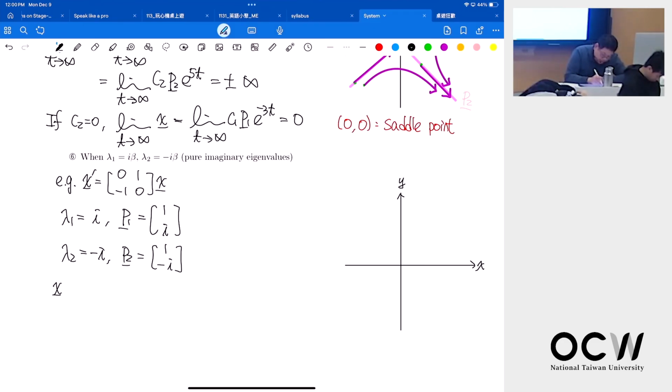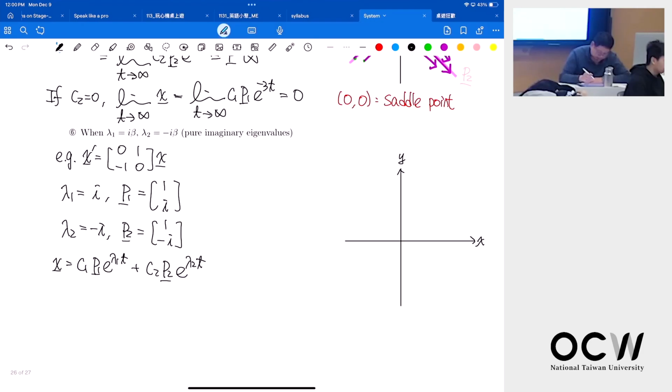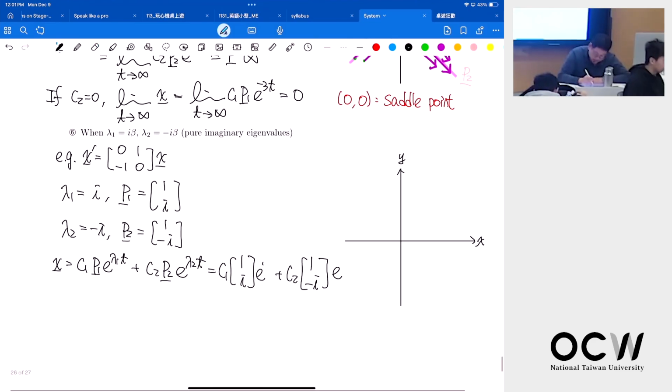Then your x should be C1 P1 e to the lambda 1 t plus C2 P2 e to the lambda 2 t. So C1 (1, i) e to the lambda 1 t plus C2 (1, -i) e to the minus i t, where lambda 1 t is it and lambda 2 t is minus it.